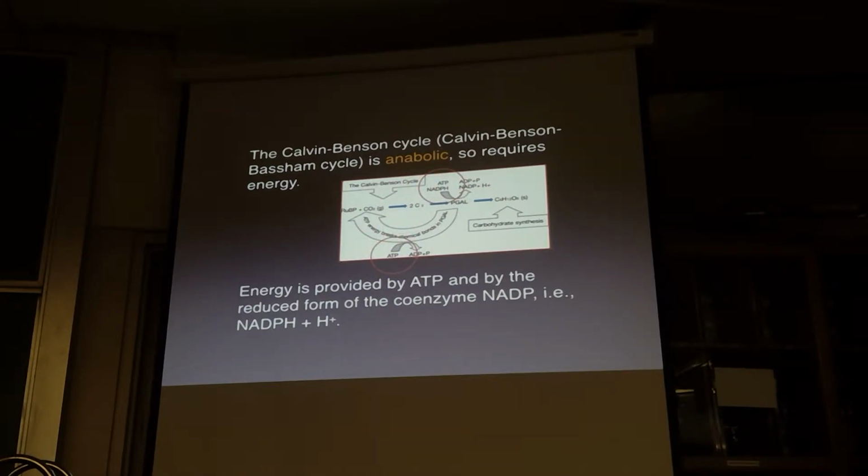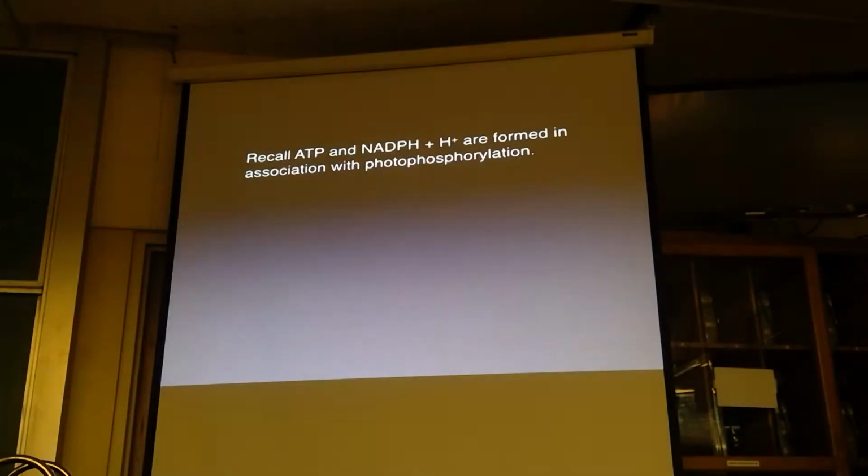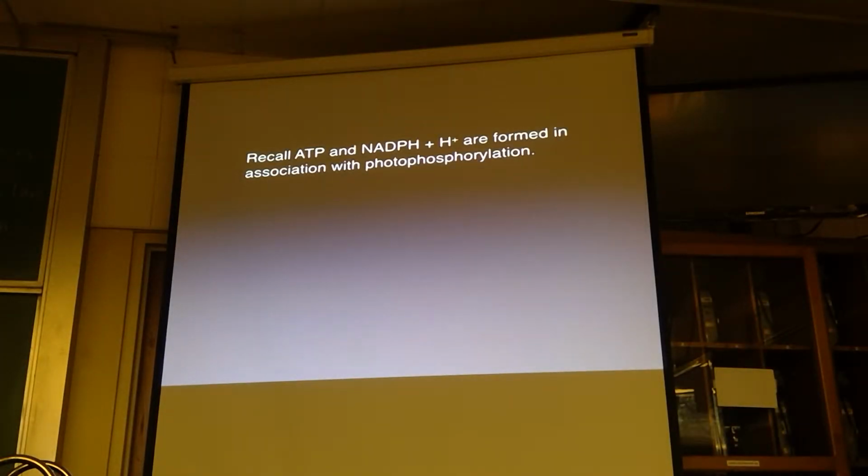The other thing you need to know about is where it occurs. Again, in the stroma of chloroplasts or in carboxysomes. The Calvin-Benson cycle is tied to photophosphorylation because photophosphorylation provides the high energy compounds, the ATP and the NADPH plus H+.